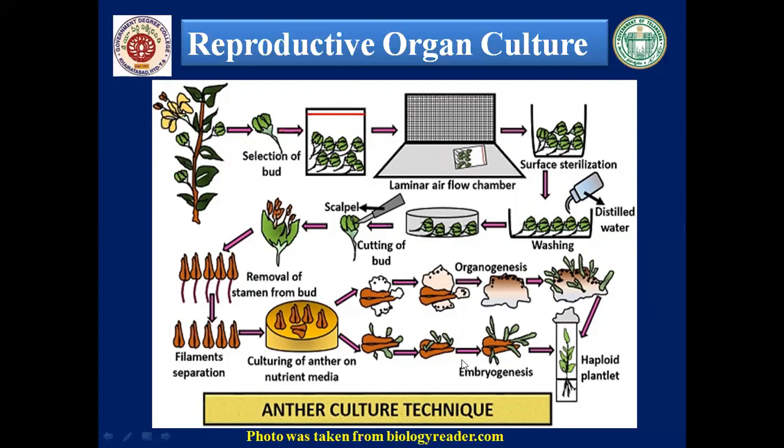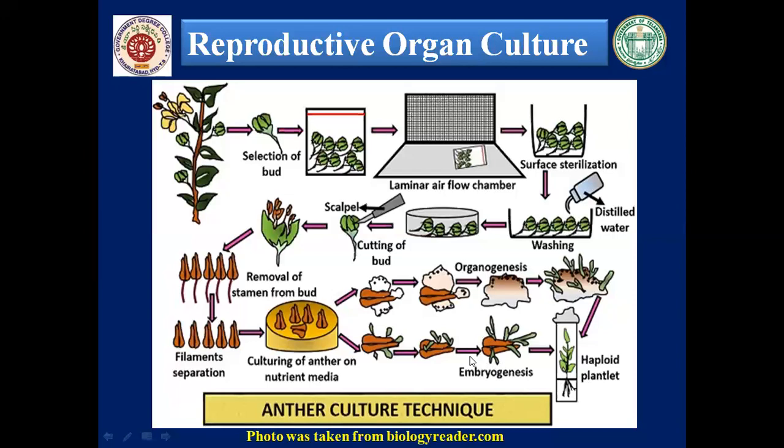Then it proceeds through two processes: either organogenesis, where callus forms, an unorganized proliferative mass of cells. After callus, they get differentiated into root and shoot regions, and you can see formation of haploid plantlets. Or through embryogenesis, where you can see formation of embryoids.